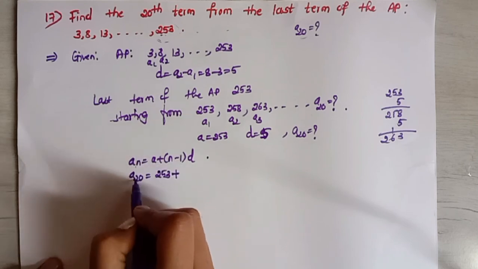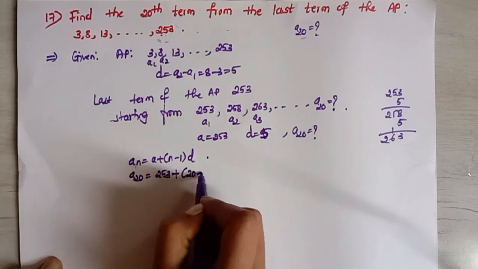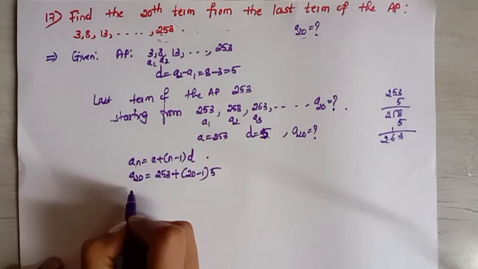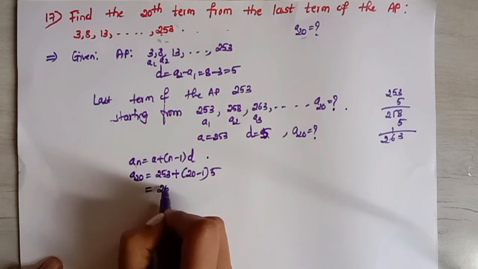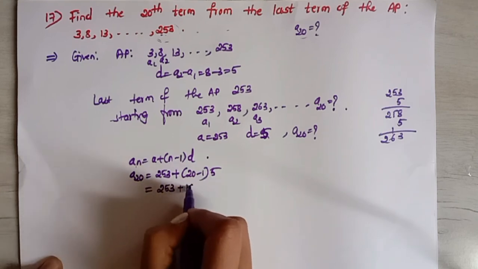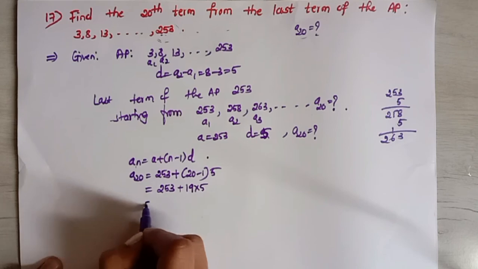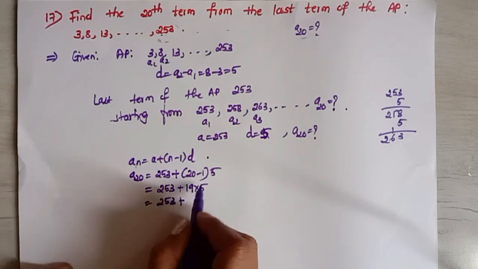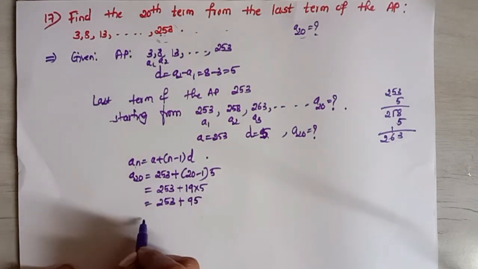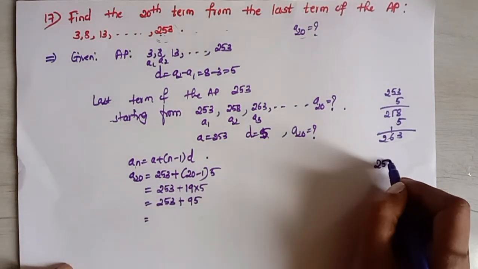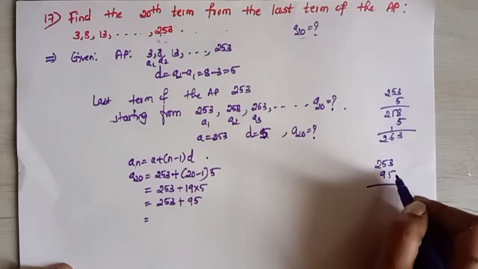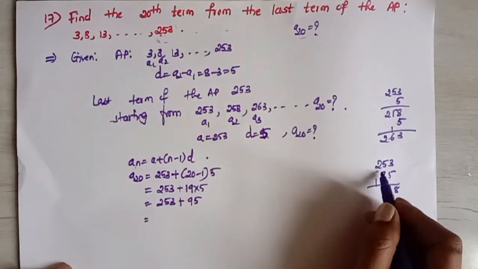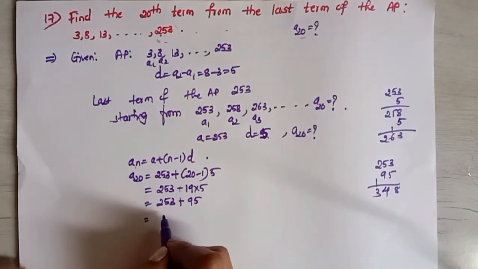Here N is 20. Therefore N is 20 minus 1 into D. What is D? D is 5. So which is 253 plus 20 minus 1, that is 19, into 5. So 19 into 5 is 95. So what is 253 plus 95? 3 plus 5 is 8. 5 plus 9 is 14. 2 plus 1 is 3. That is 348.